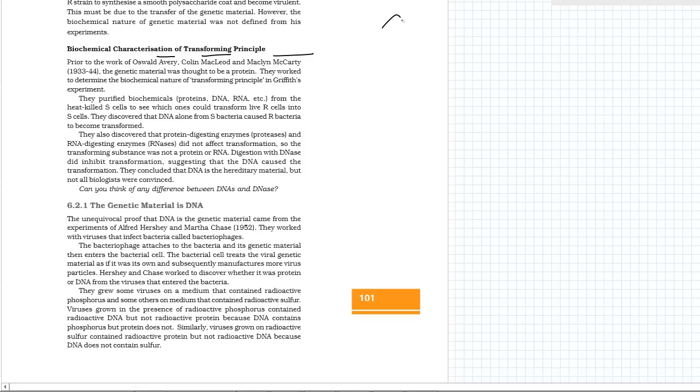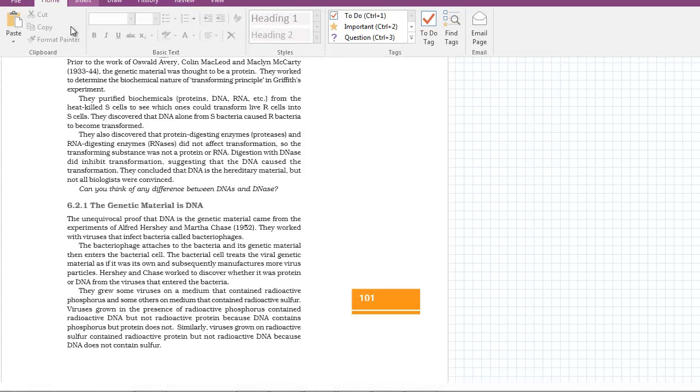So let us say that this is the living mice, and along with the living mice, this was the cocktail, right? All those bits and pieces of heat killed bacteria along with the rough strain, R strain. So now what did they do?